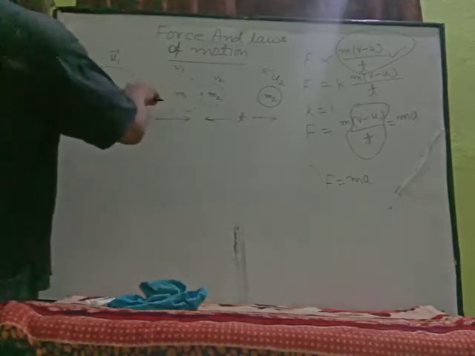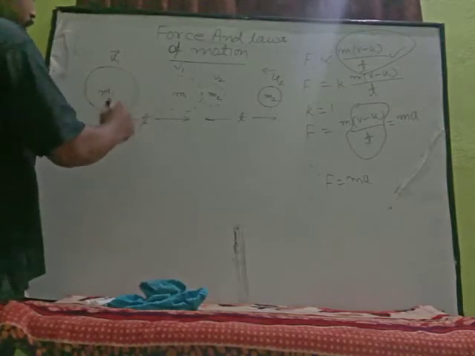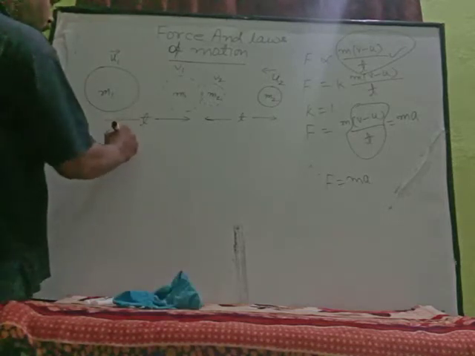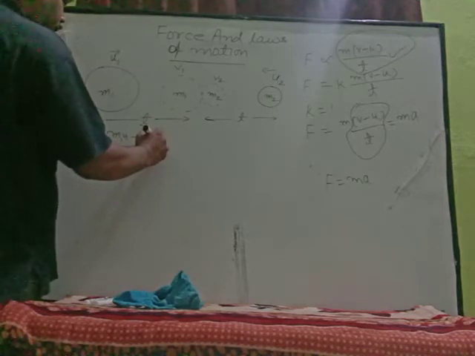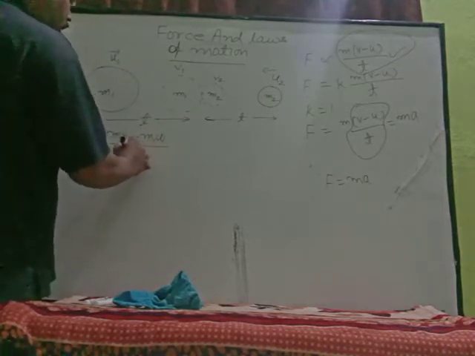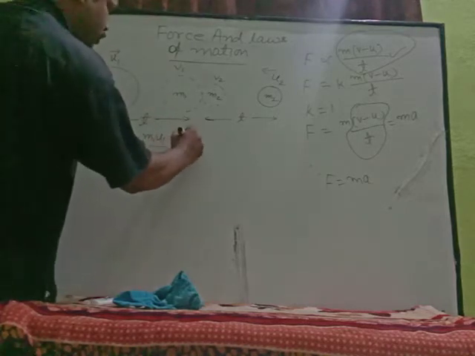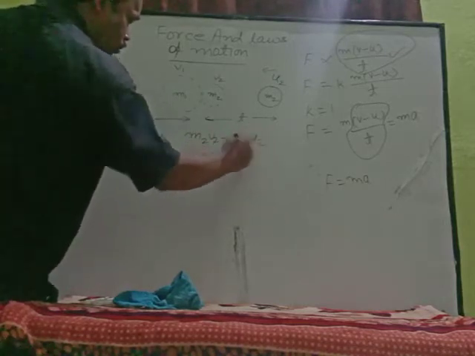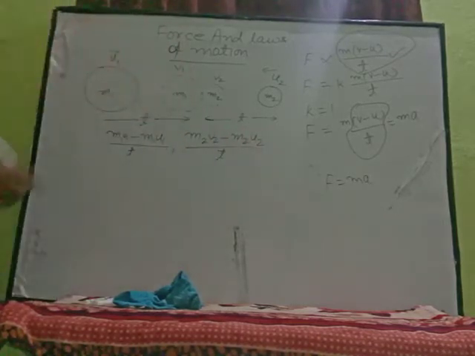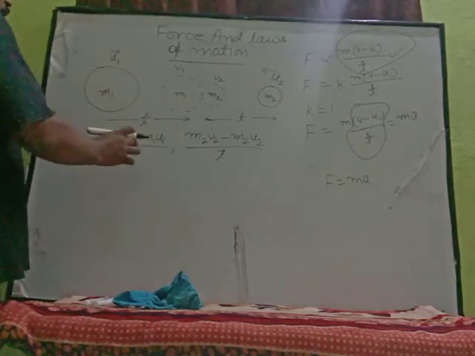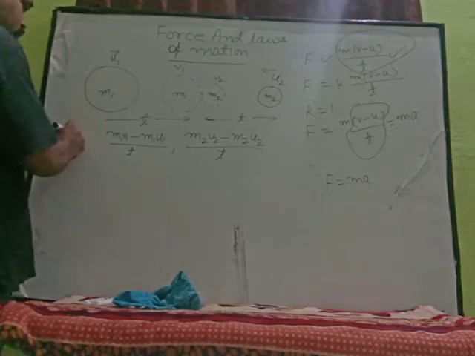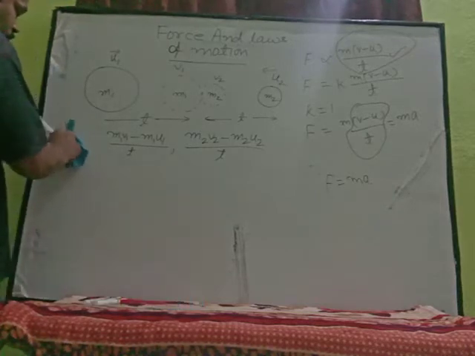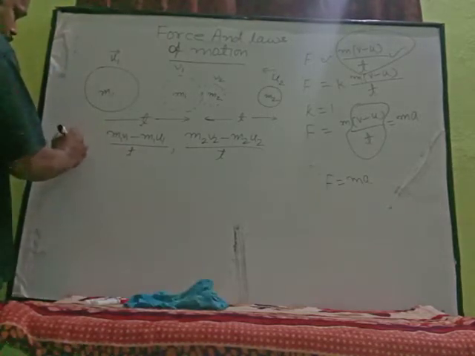What is the rate of change of momentum here? M1 V1 minus M1 U1 divided by T. And here, M2 V2 minus M2 U2 divided by T. See, rate of change of momentum is called force.